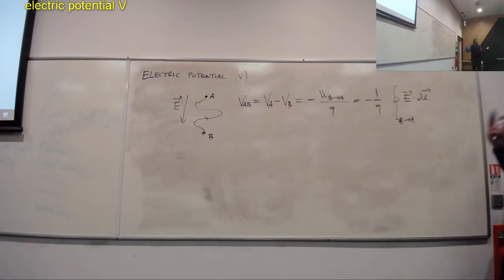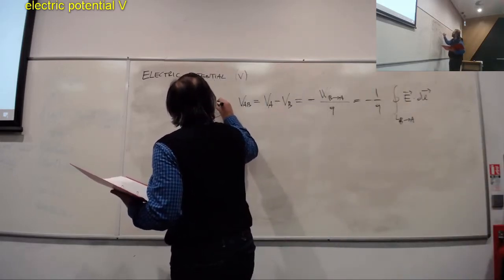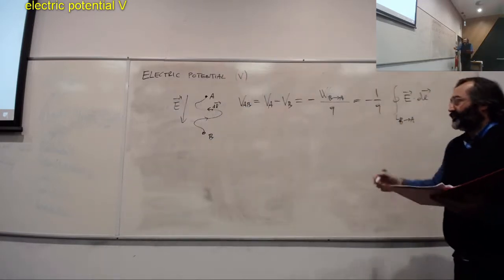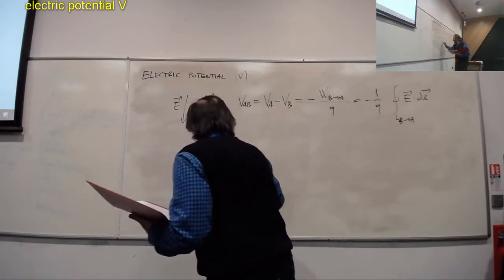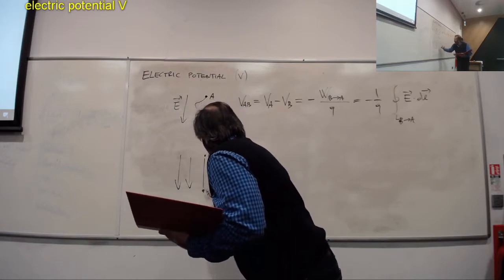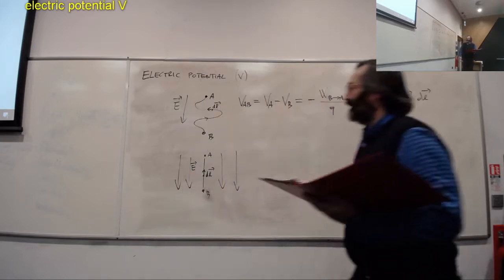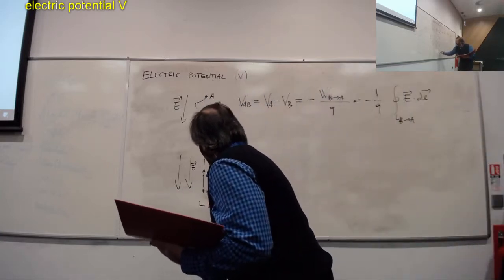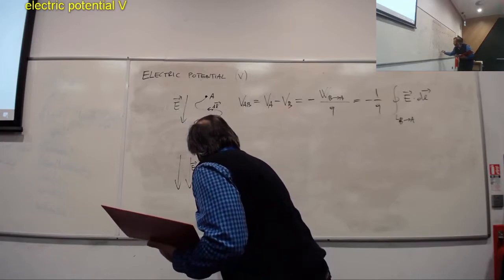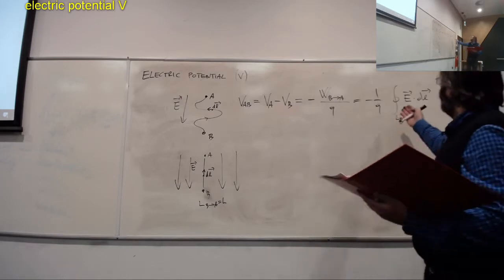So this is really the definition. Just to put some values to it, let's take a very simple case where the overall length from B to A is L. In this case, this integral is extremely simple.